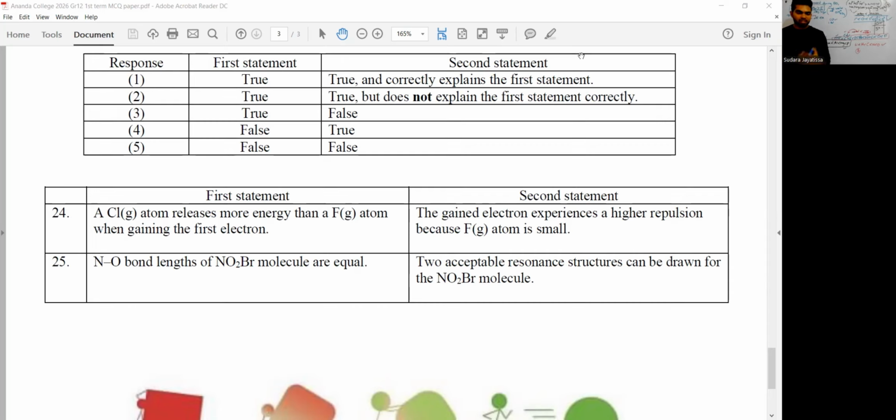Okay, now go to the last question. NO bond length in NO2Br molecule is equal. Let's draw the NO2Br molecule and see.